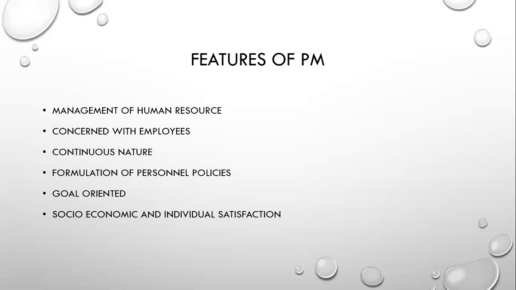Now the second one is personal management is always concerned with employees. It tells about how the employees are being effectively utilized. That is the second thing. Now the third one is this personal management is a continuous process.